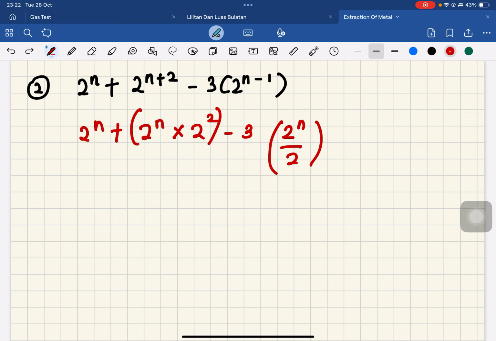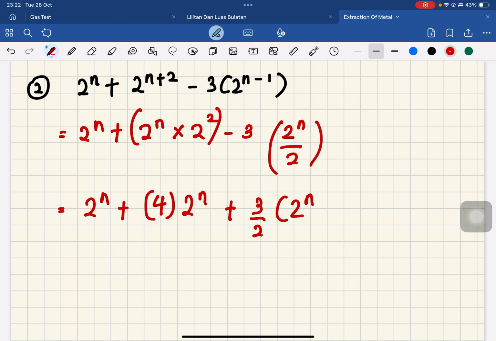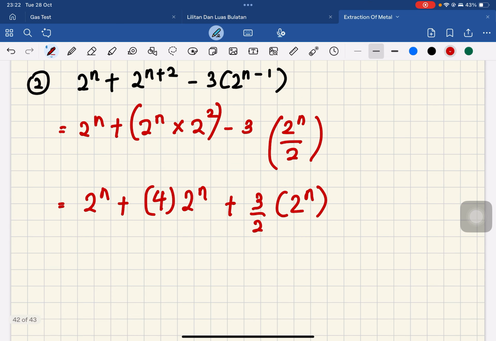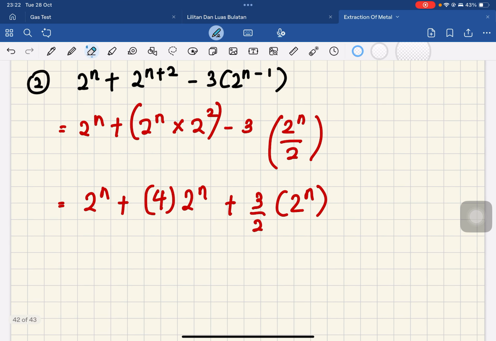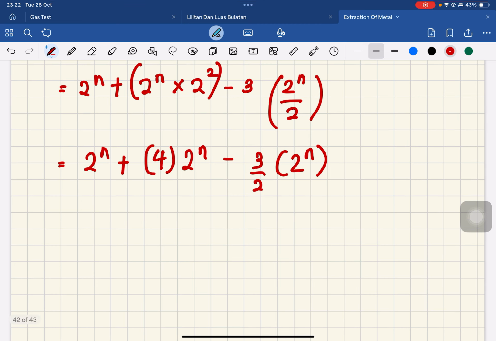So another way to write this, if you cannot see it clearly, is 2 power of n plus 2 power of 2, which is 4, times 2 power of n, minus 3 over 2 times 2 power of n. I haven't solved anything. This is just equivalent to the first step. So another way to write this is as this. You can see clearly that each term has 2 power of n.